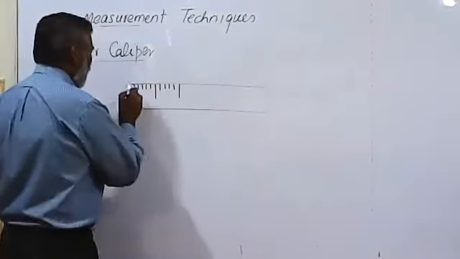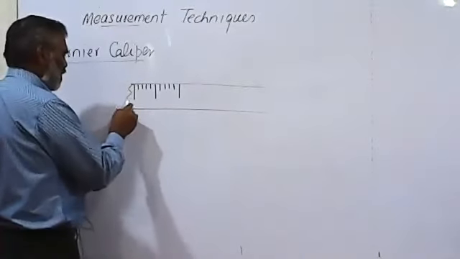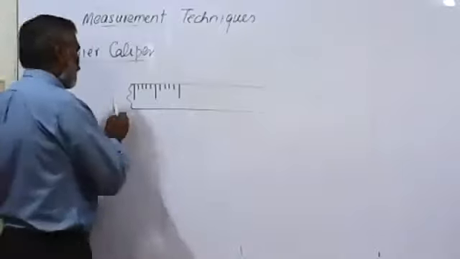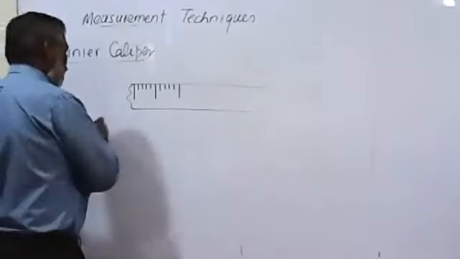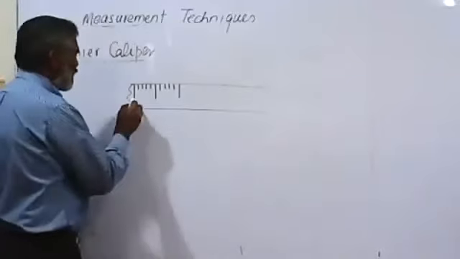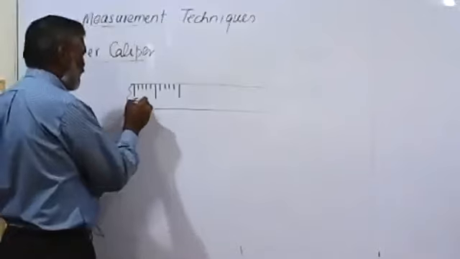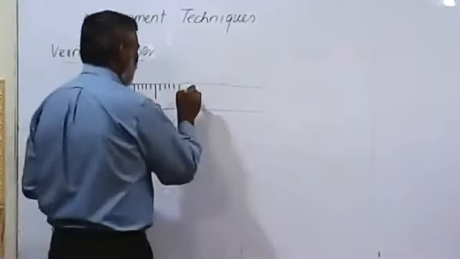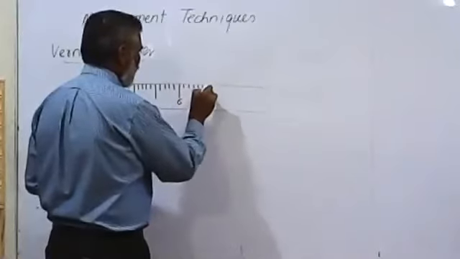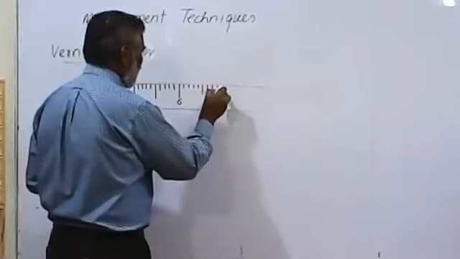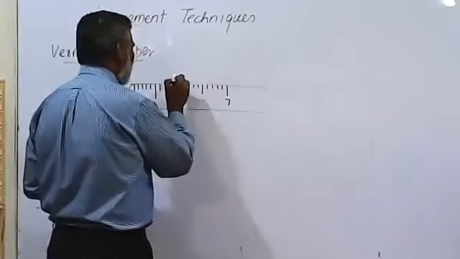So let's say this scale has started from left, from this point somewhere to the left, and this is where we have 5 centimeter, then 6 centimeter, then 1, 2, 3, 4, 5, 6, 7, 8, 9, and 7 centimeters. So this is a centimeter scale.